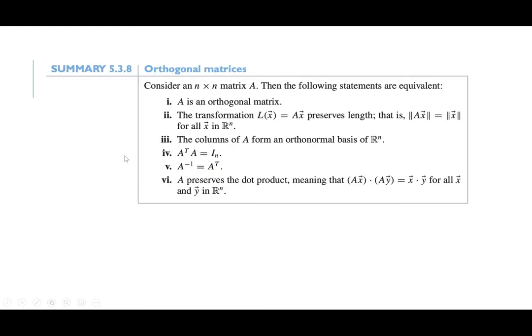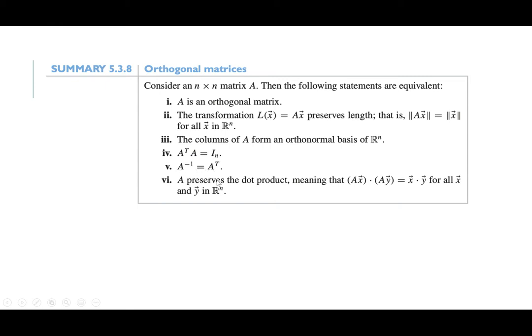Okay, handy dandy summary tables. One of the things I like about your book is that it does this. So if you have an orthogonal matrix, this by definition means that the transformation preserves length. And then we've seen that this means that the columns form an orthonormal basis, and then we've proved that A transpose A is going to be the identity, which really means that the transpose is the inverse.